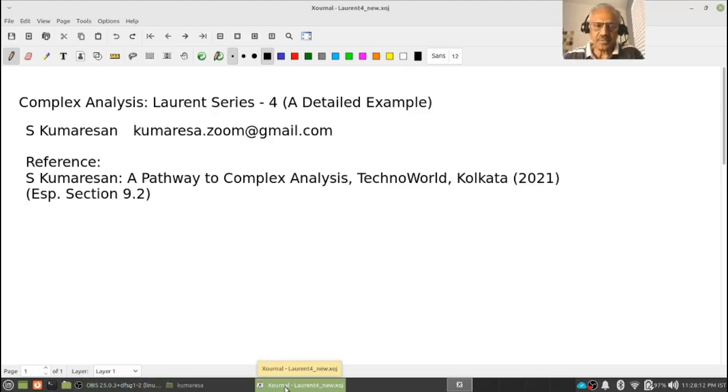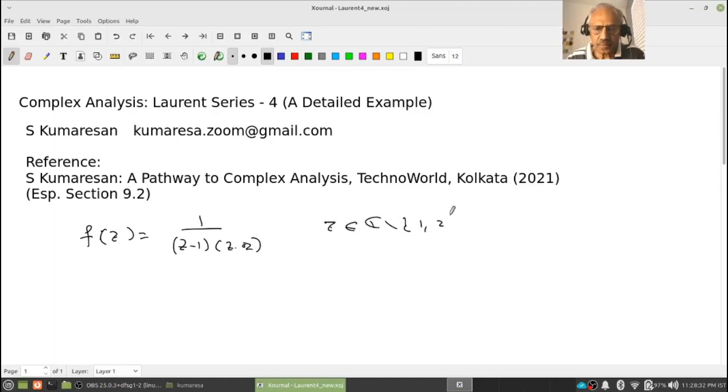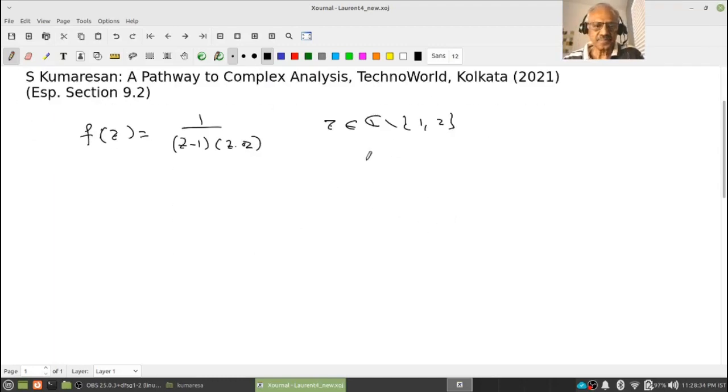So the example I want to look at is this. f is a function defined as f(z) equals 1 over (z minus 1)(z minus 2), a very standard example. Therefore z is in C minus {1, 2}.